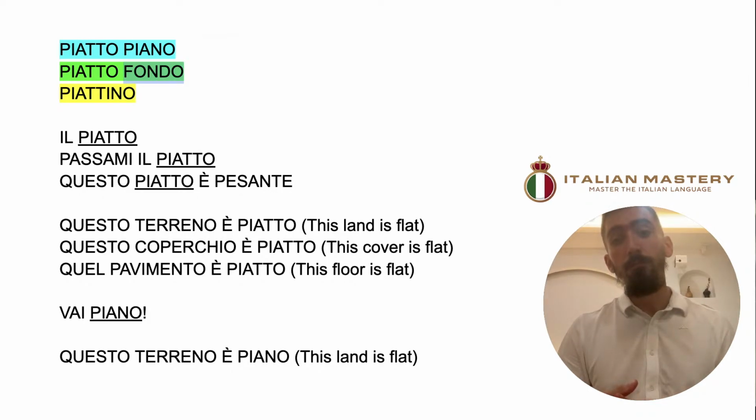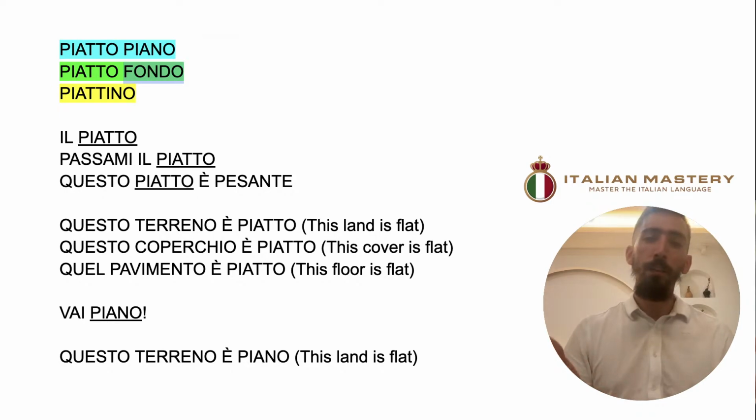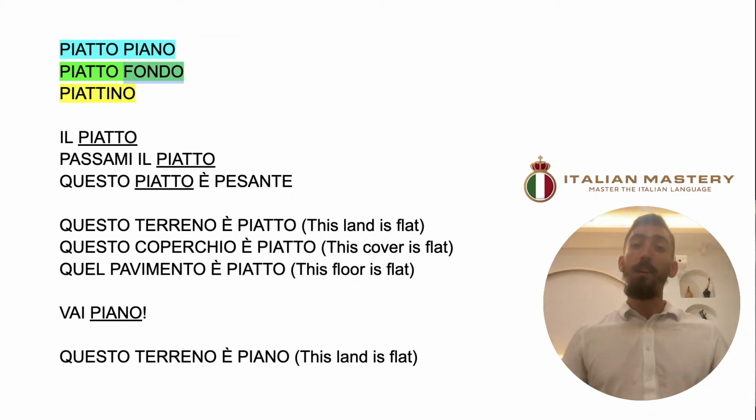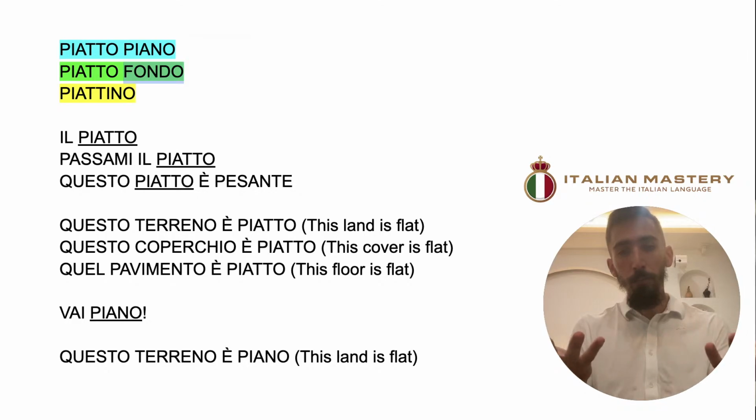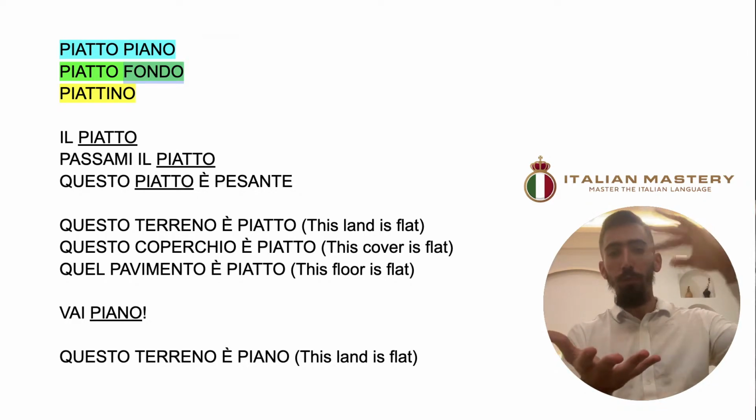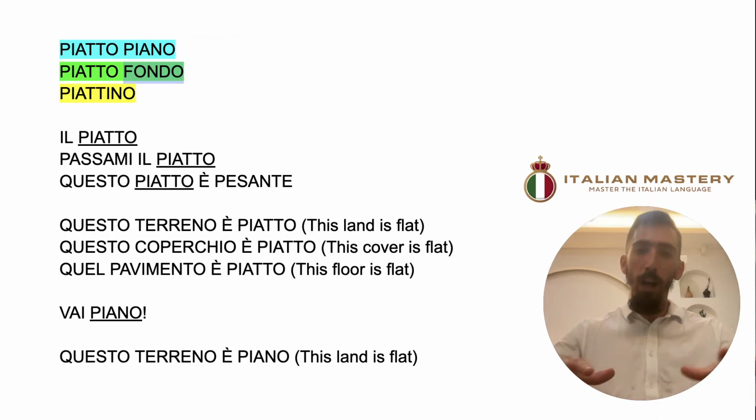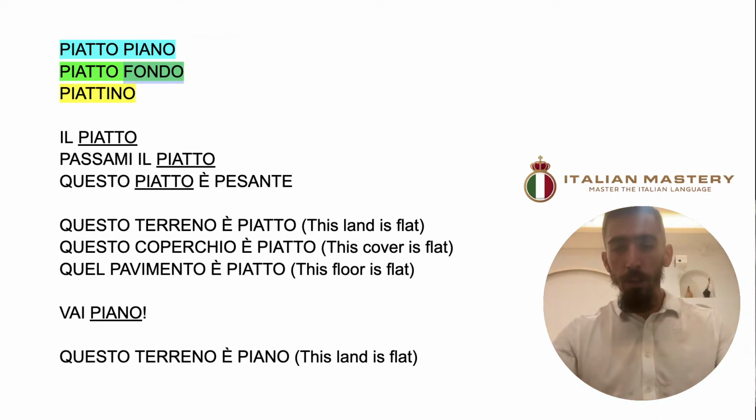So you would have your appetizer or your second course on a piatto piano, and then you have your main on piatto fondo. And sometimes if you go to somebody's house, or it's an important dinner, or it's Christmas or whatever, or in a restaurant, they will have piatto piano e sopra piatto fondo. So they'll have a flat plate at the bottom, and then on top a deep plate, a bowl, where you consume your main.